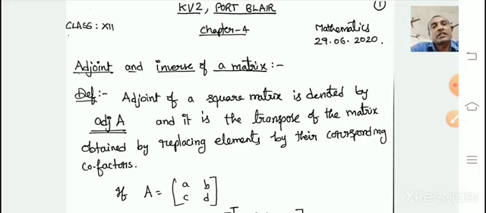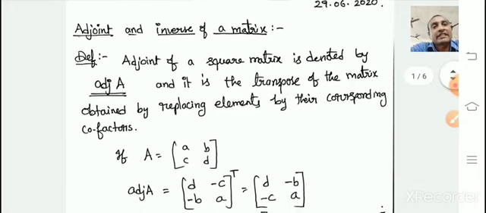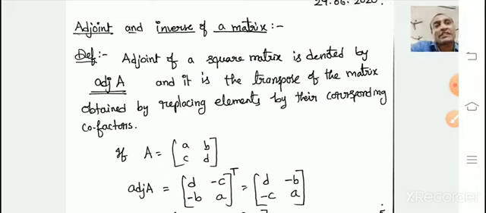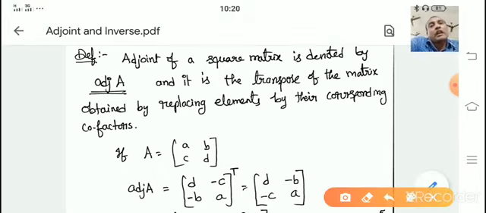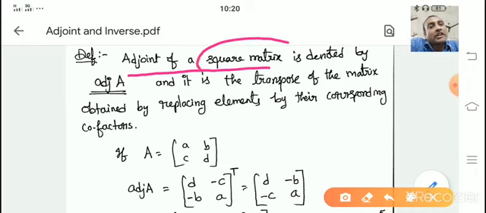Now, in the very first, what is the definition of adjoint of a matrix? Adjoint of a square matrix means, from this you understood that we can find adjoint only for a square matrix.